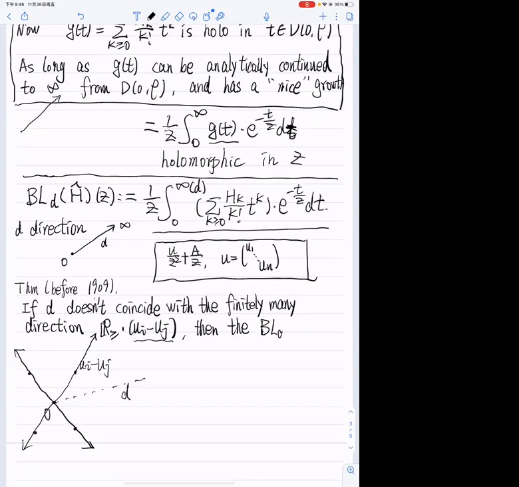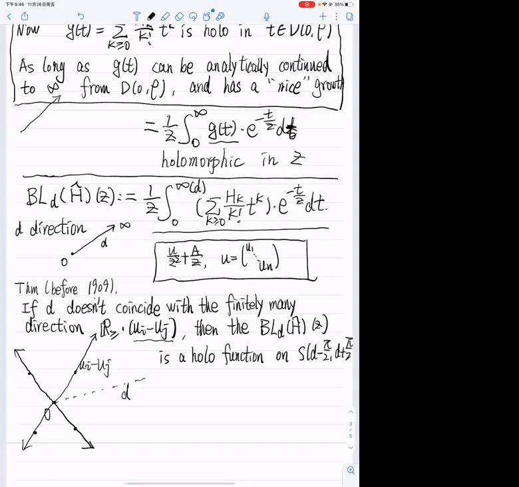Borel-Laplace transform of H hat is actually a holomorphic function. Matrix valued function, of course, is a holomorphic function in a sector region S(d minus 2 pi, d plus 2 pi).